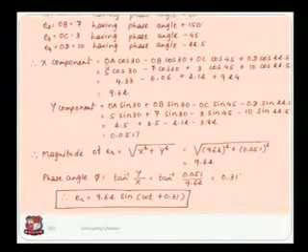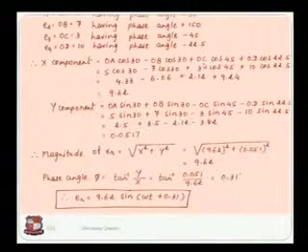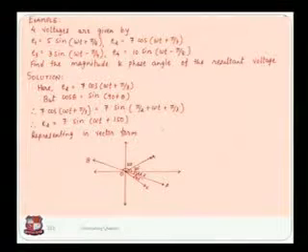First it is OA cos 30 minus OB cos 30 plus OC cos 45 plus OD cos 22.5. Now for the second current, this is our second current OB.